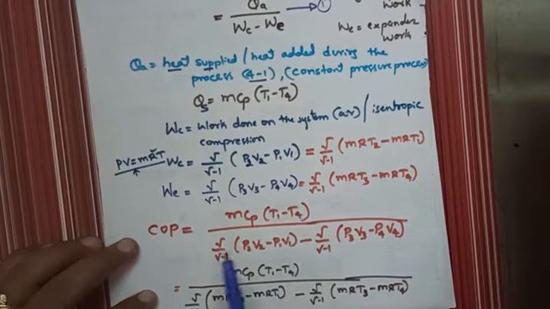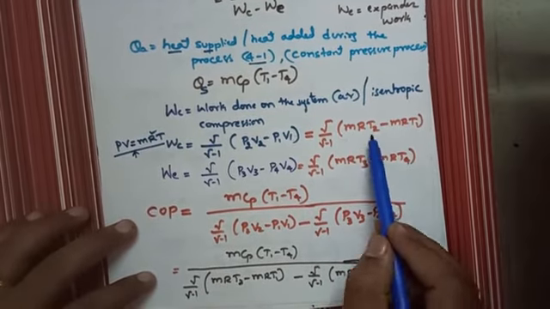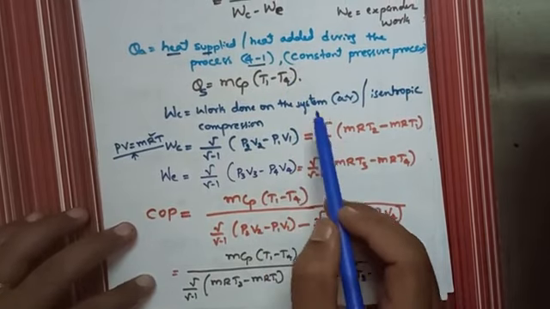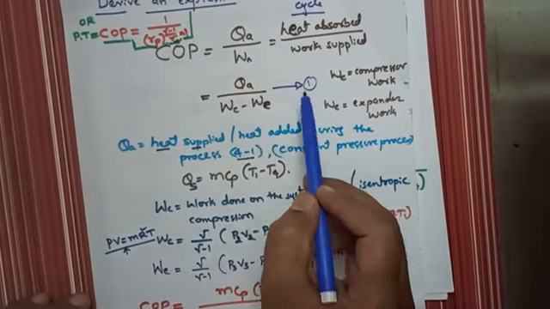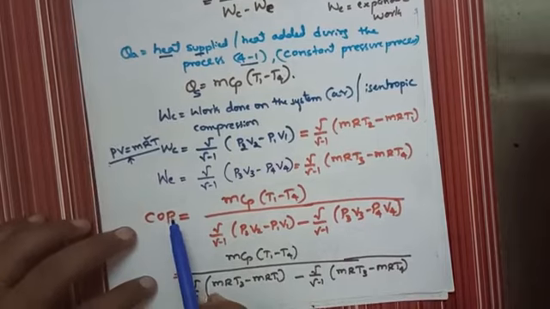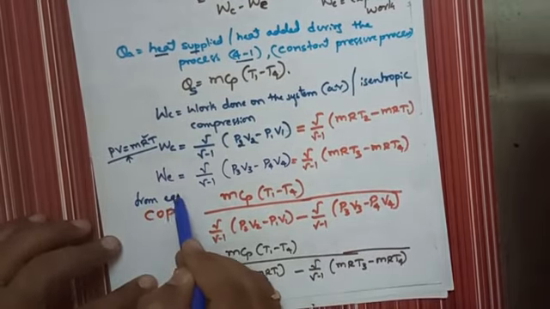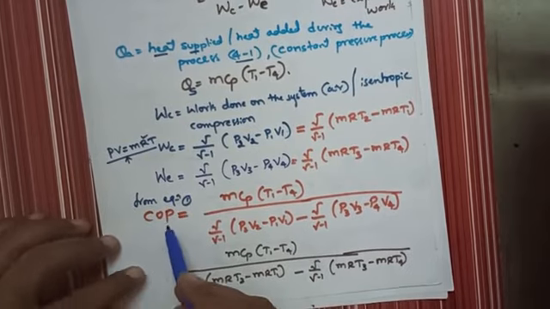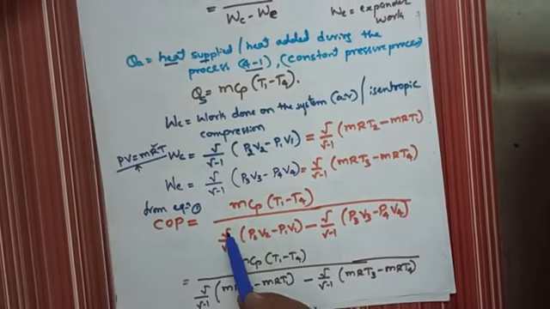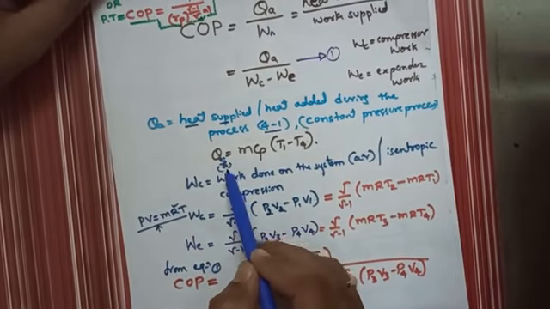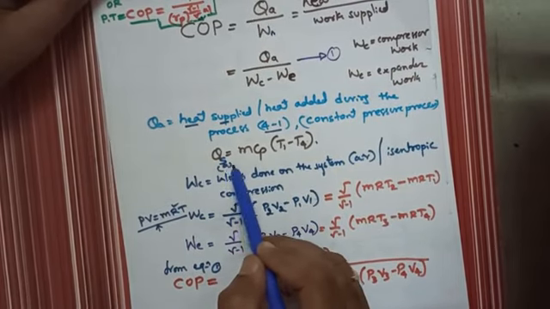Now these two equations and the Q equation I will substitute in equation number 1. From equation 1, COP is equal to, what is the expression for QS or QA? Both are the same, heat supplied or heat added.